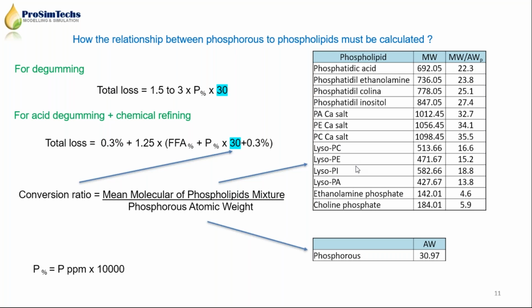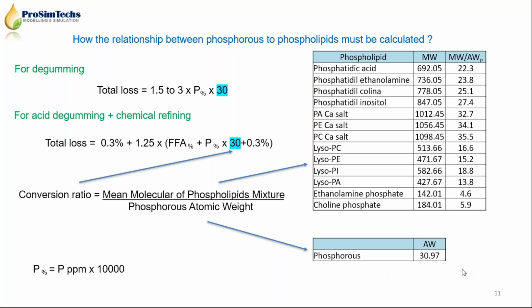As we see, in general, or at least for those phospholipids not linked to a salt, this ratio is much lower than 30, and only those salts have a slightly higher value than 30.